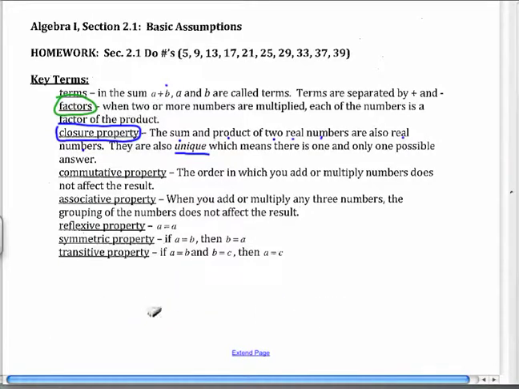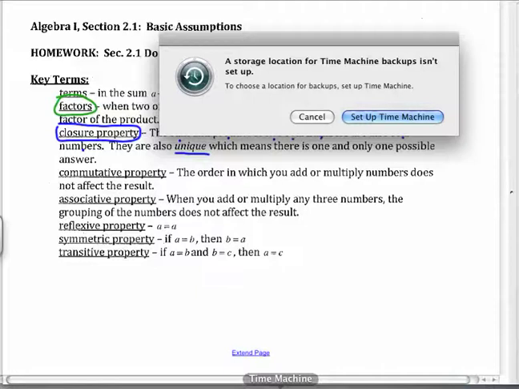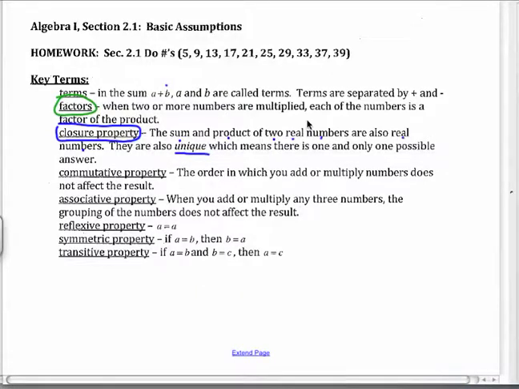Okay. Let's look at this next one here. And it says commutative property. Guys, let's read the commutative property here. It says the order in which you add or multiply numbers does not affect the result. Okay? So 4 plus 5 plus 7 is equal to, well, I can add those in any order.